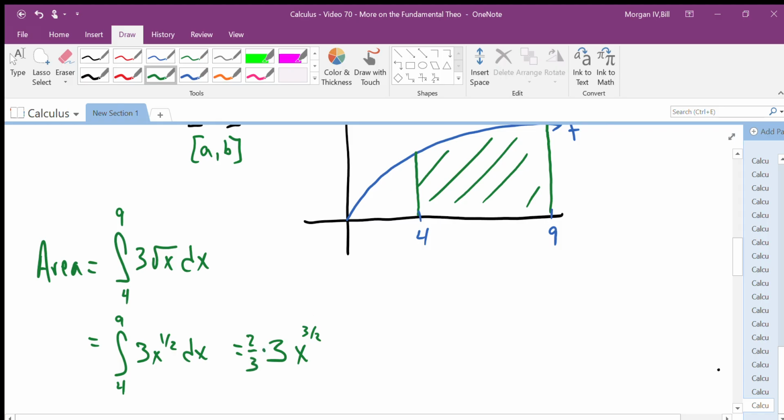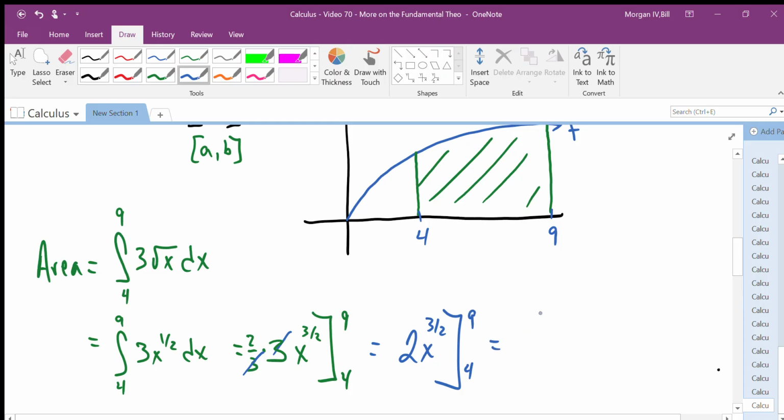No need to write plus c. The notation we use here is, after we've done the integration to find the antiderivative, we say we're going to evaluate this from 4 to 9. Okay, I see with some simplification that my 3's cancel. This is 2x to the 3/2 evaluated from 4 to 9.